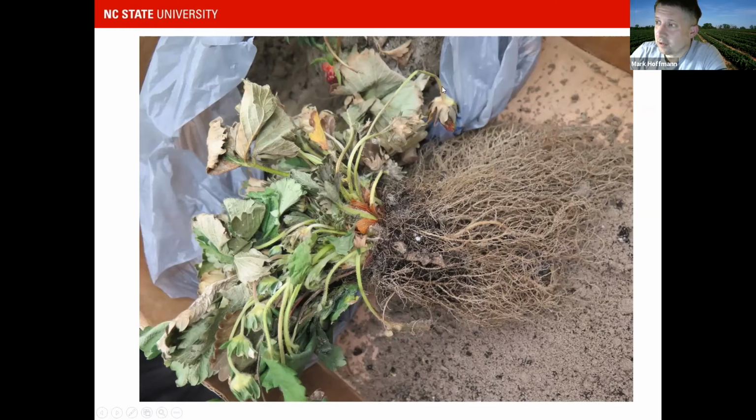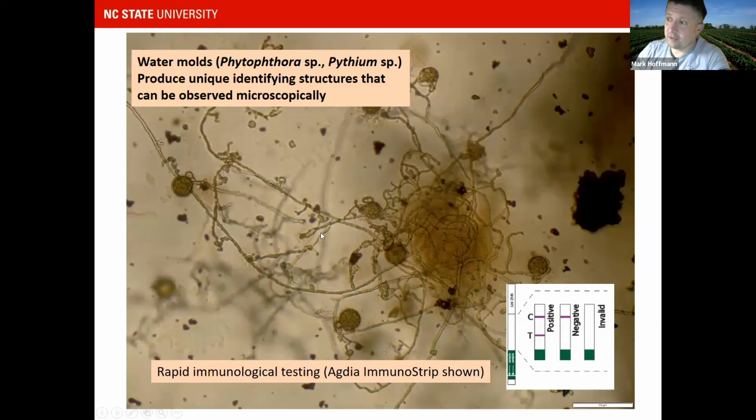This plant is already fruiting and has died because of Phytophthora. From a diagnostic point of view, Phytophthora is really easy to identify. It develops very specific spores, but again, you're going to have to send that to the lab, or use one of those Agdia immunostrips, which can identify Phytophthora in the field, actually.